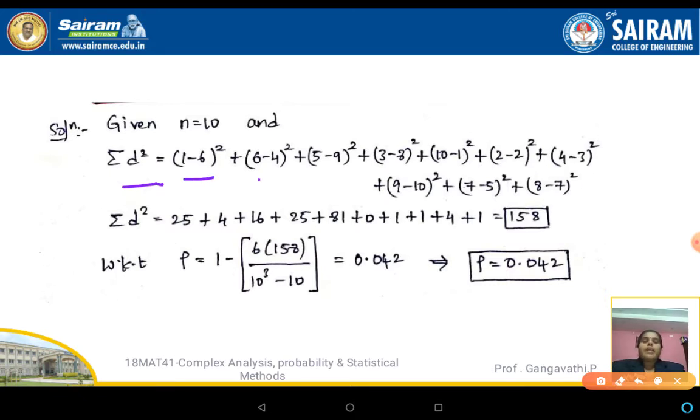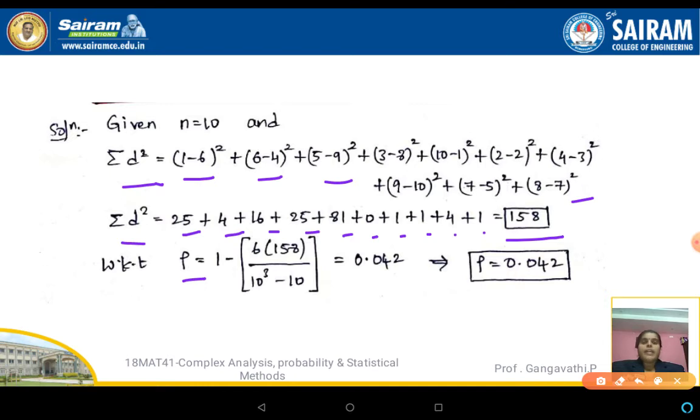The 1 minus 6 square, 6 minus 4 square, 5 minus 9 square, what I showed you in the previous slide, has been written here. On simplifying, d square gives the values 25, 4, 16, 25, 81, 0, 1, 1, 4, 1, and the sum of these is 158. Now we know the formula to evaluate rank correlation: rho equals 1 minus 6 into summation d square divided by n cube minus n.